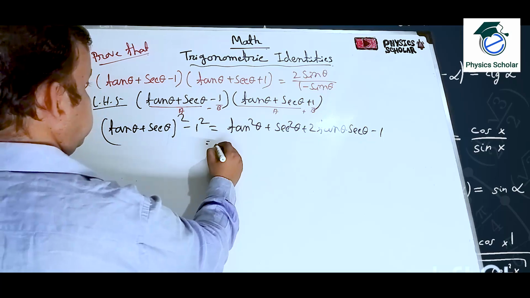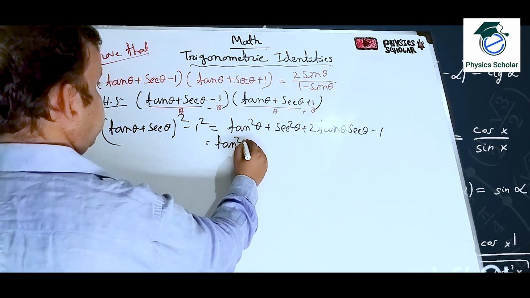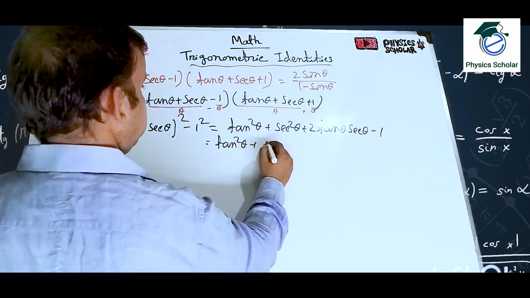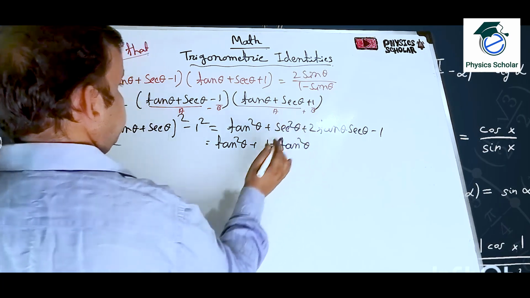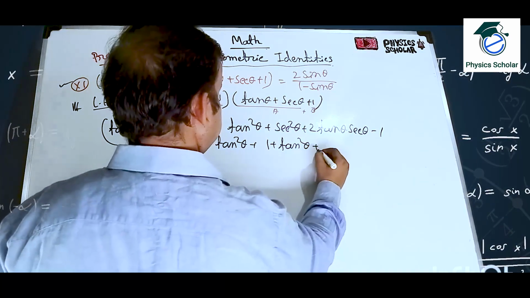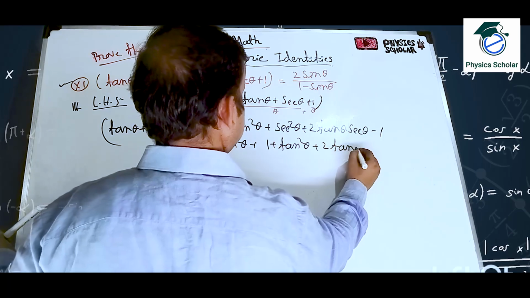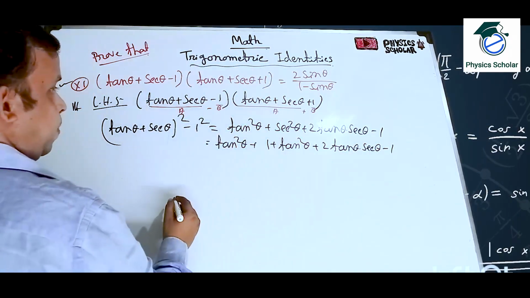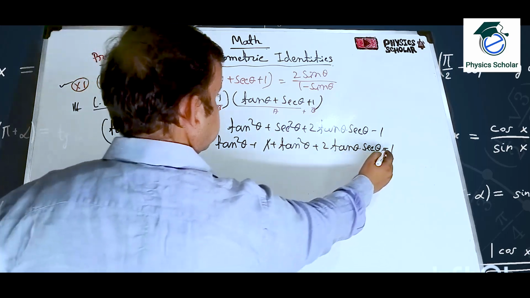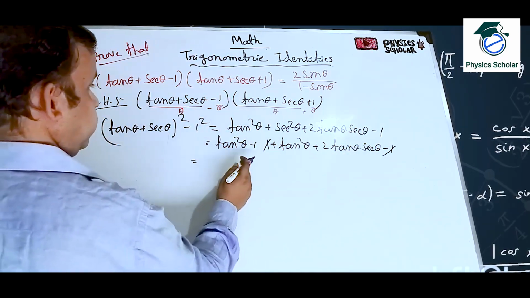So what is that? Tan square theta plus sec square theta means what? Sec square theta means 1 plus tan square theta, so 1 plus tan square theta plus 2 tan theta into sec theta minus 1. So this will be cancelled. Clear? Plus 1 and minus 1.